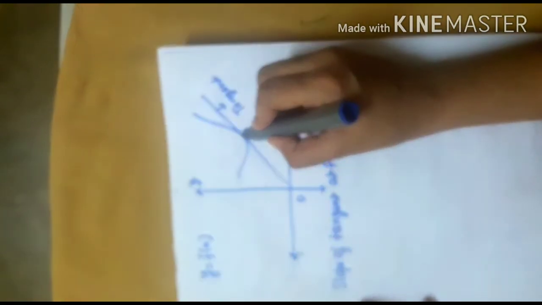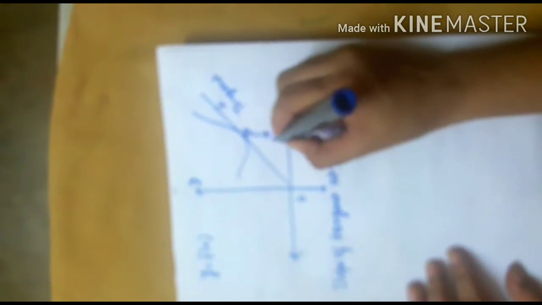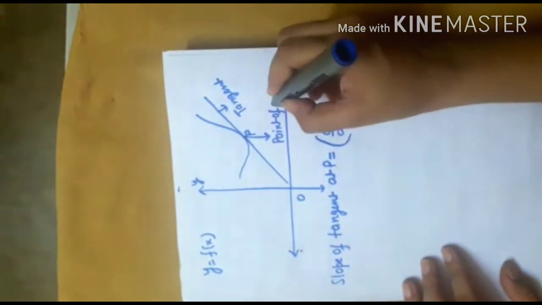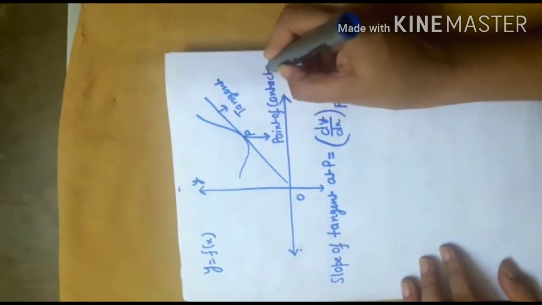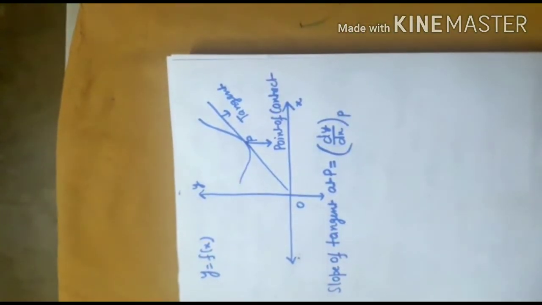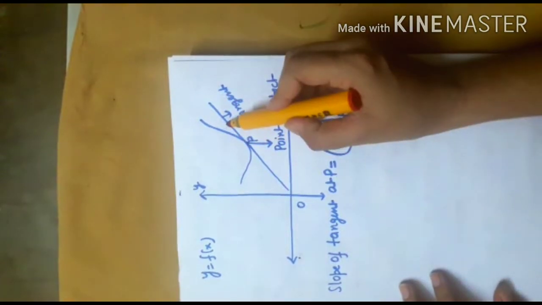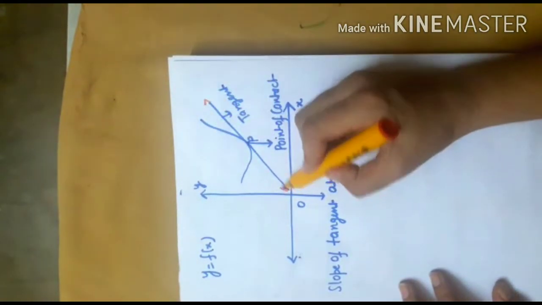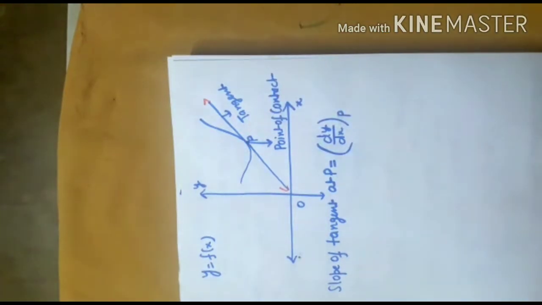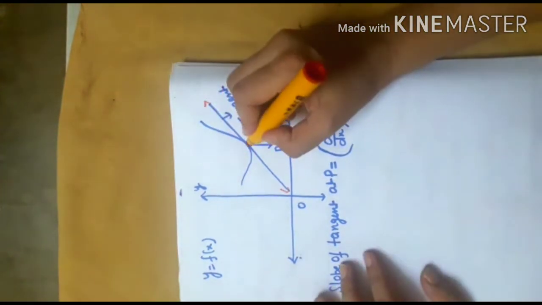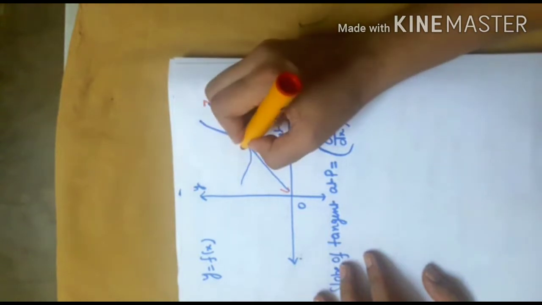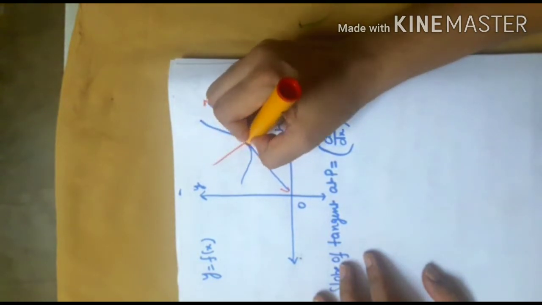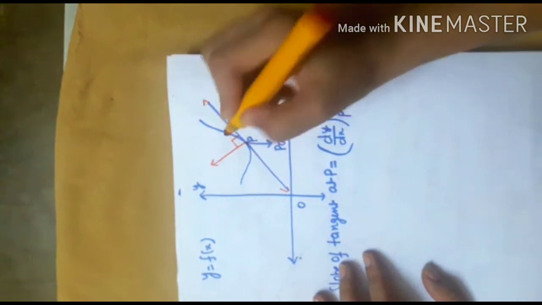And this point P at which the tangent is drawn, this is called the point of contact. That is, it is the point at which the tangent touches the curve. So the point of contact is the point which is common to both the tangent and the curve. Now through this point of contact, I draw a line which is perpendicular to the tangent.